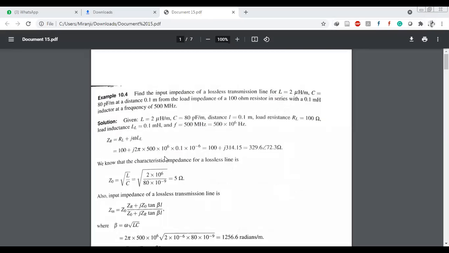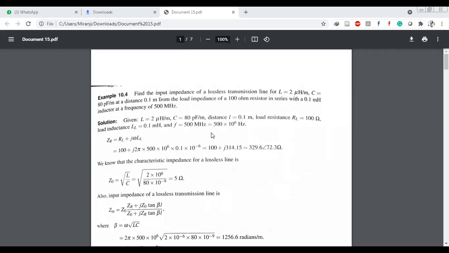From that, what we are able to find is the load impedance. See here, ZR is the load impedance, or ZL. Let us assume ZL equal to RL plus j omega L, right? From this, RL how much? 100 ohms.